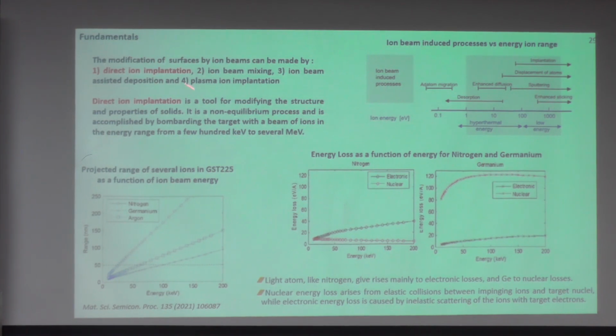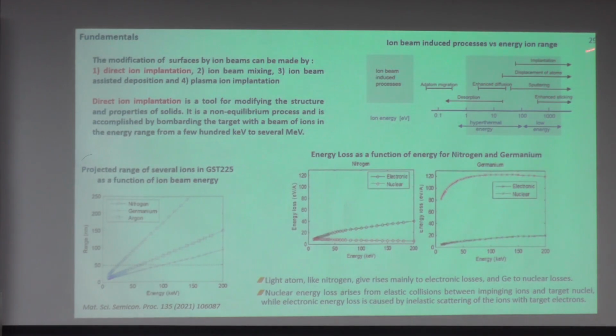What is it? Direct ion implantation is a tool for modifying the structure and properties of solids. This is a non-equilibrium process, accomplished by bombarding the target with a beam of ions in the energy range from a few hundred kiloelectron volts to several megaelectron volts.